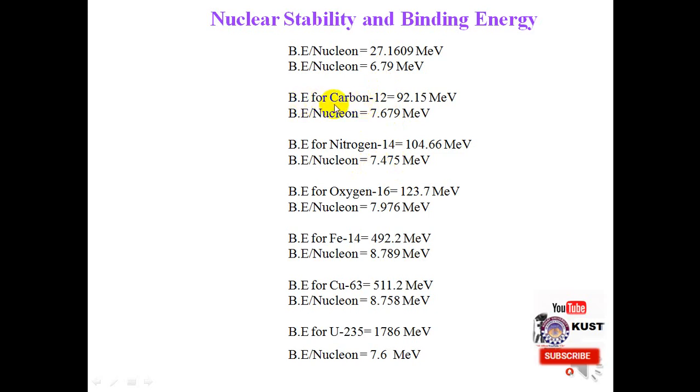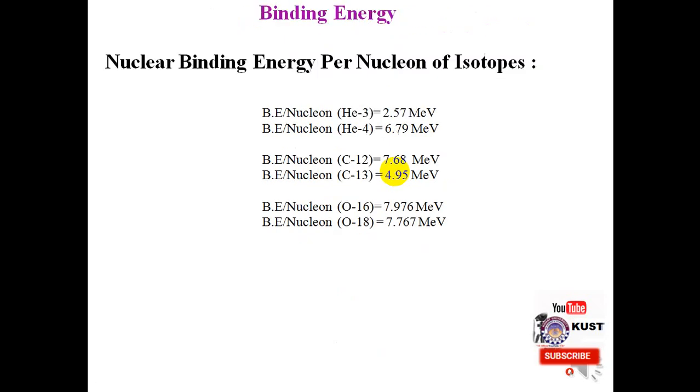Although the binding energy of carbon is higher than helium and smaller than nitrogen, the stability depends upon the binding energy per nucleon. And so you can also calculate for the others and compare. For example, oxygen is more stable than carbon. So the binding energy per nucleon is a very important parameter for describing the stability of the nucleus.